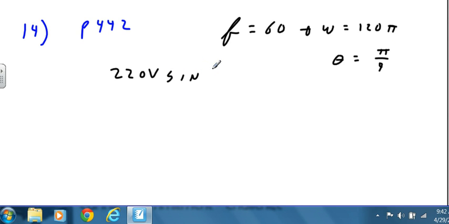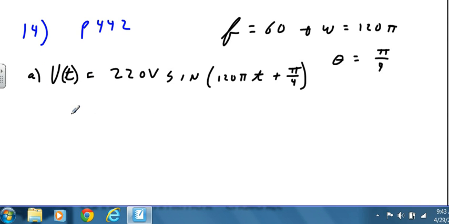So V of t equals 220 sine of 120 pi t plus pi over 4. Okay, I got that.